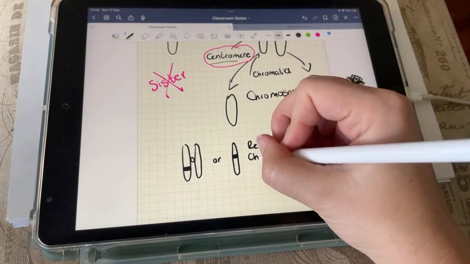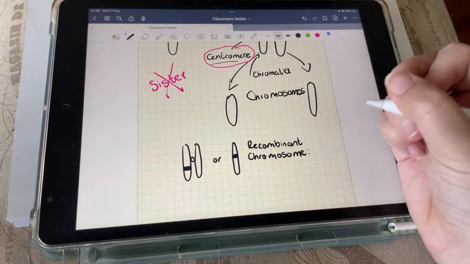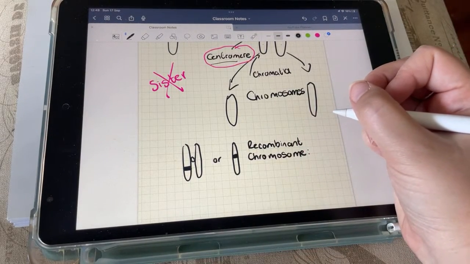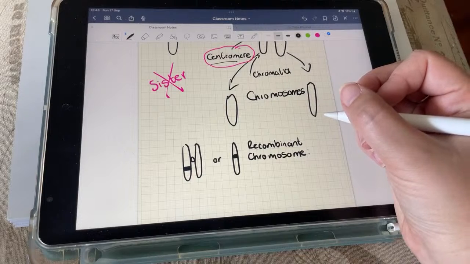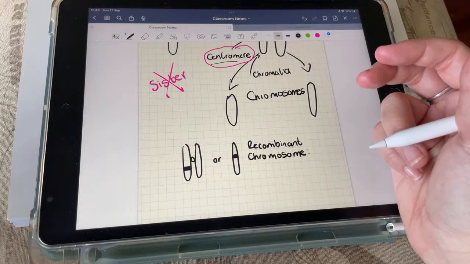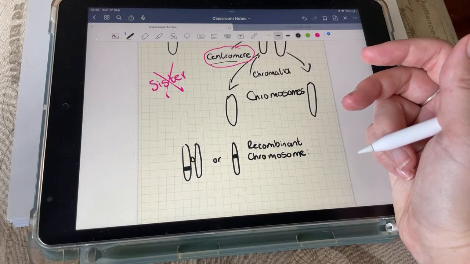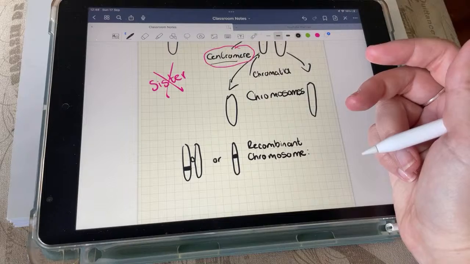A recombinant chromosome, and actually, by the way, I have these definitions in my study guide. I have a whole section dedicated to meiosis terminology and what it means to be a recombinant chromosome.